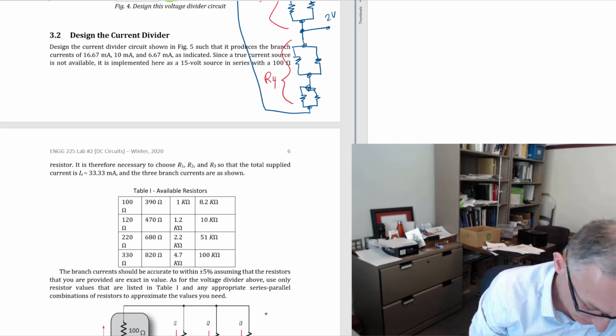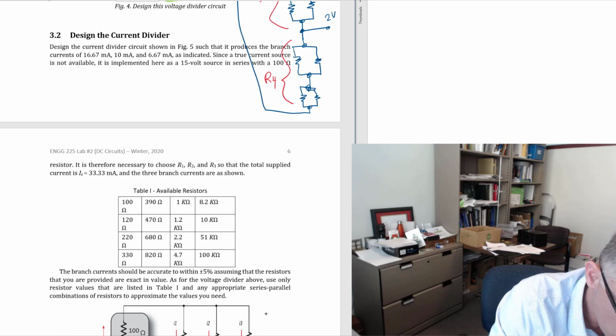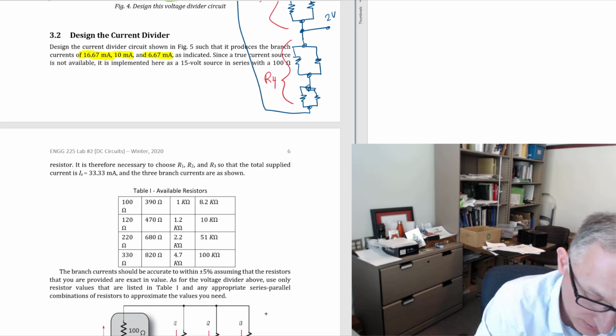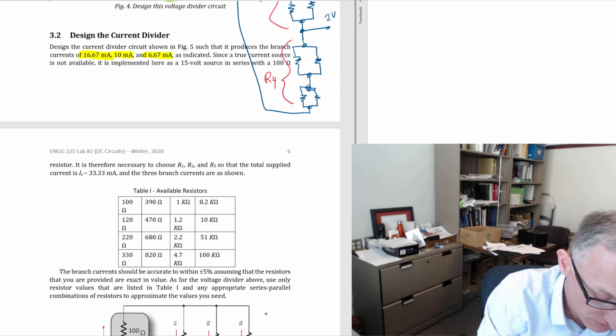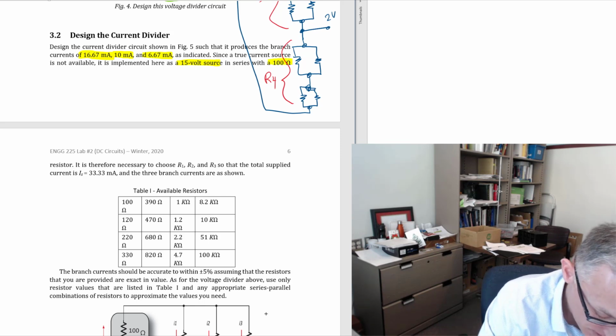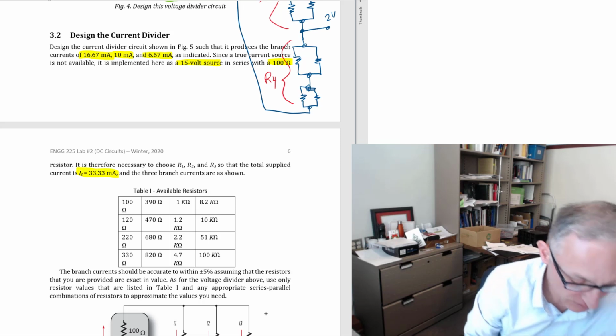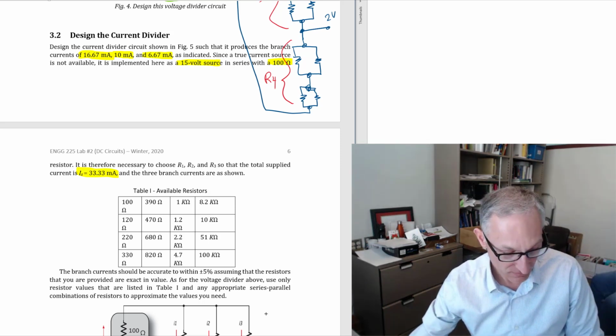You need a circuit that produces branch currents of 16.67 milliamps, 10 milliamps, and 6.7 milliamps. And you're going to implement the circuit with a 15 volt source in series with a 100 ohm resistor, and the total current going in has got to be 33 milliamps, okay?